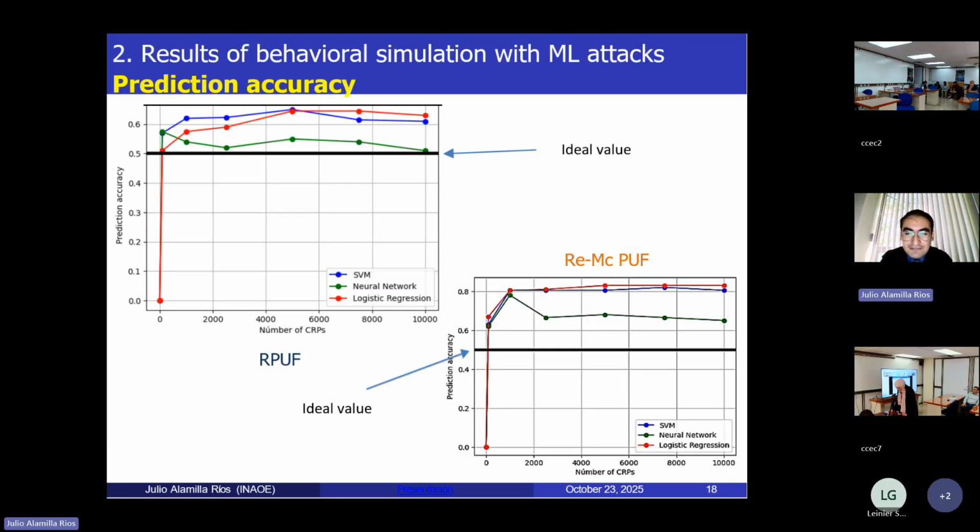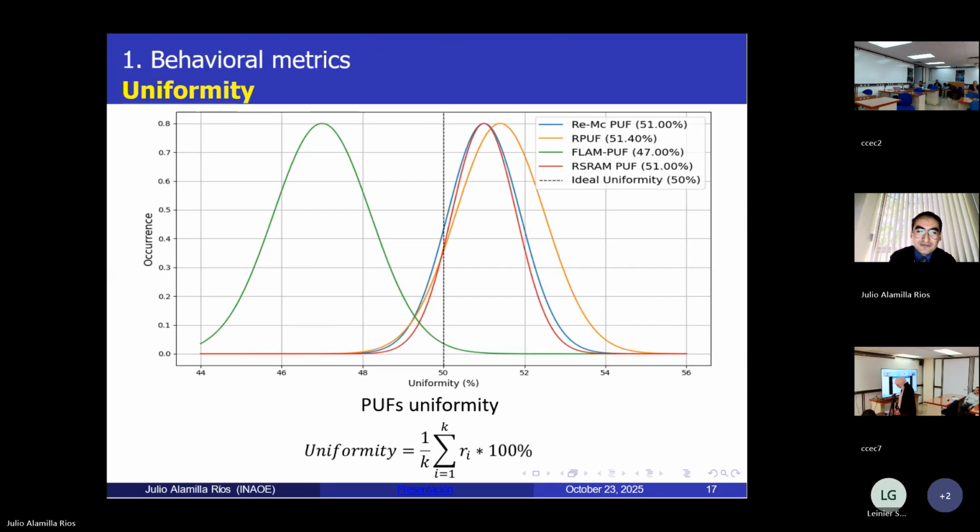In prediction accuracy, 50% is the ideal because ML modeling attacks cannot learn and predict the next response, only guess.